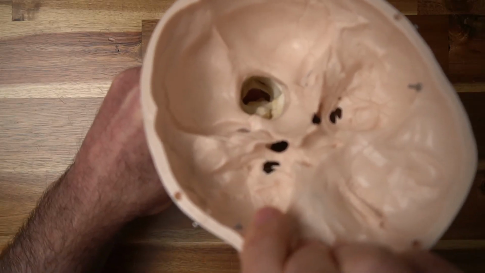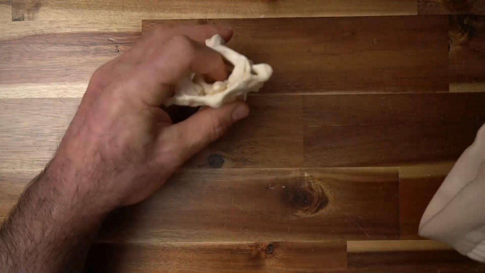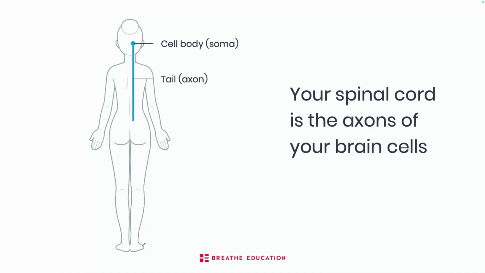So you've got this tube inside your spinal bones where the axons of your brain cells go. You've got the cell bodies of these neurons in the brain, and the tails, the axons, go down through the foramen magnum, through the spinal canal, down out into your body. So your spinal cord is actually, literally, physically part of your brain. It's not a separate thing.